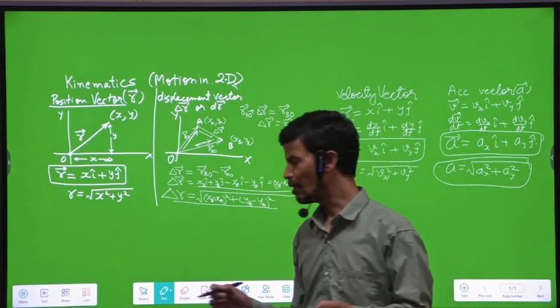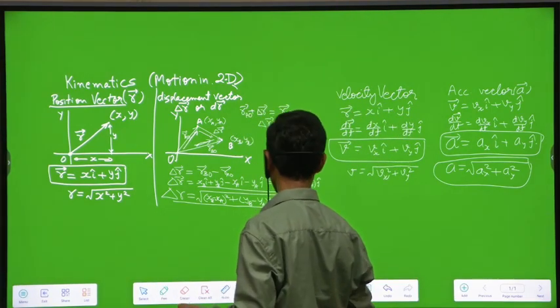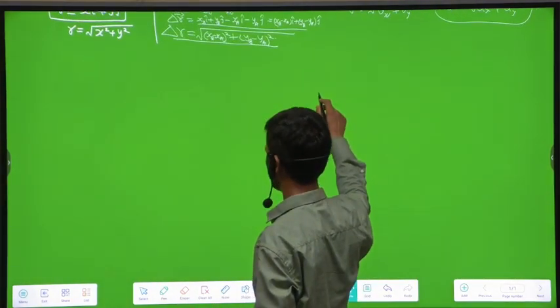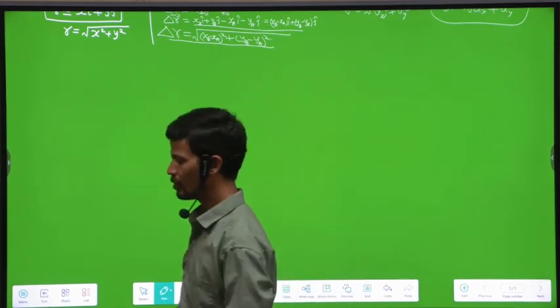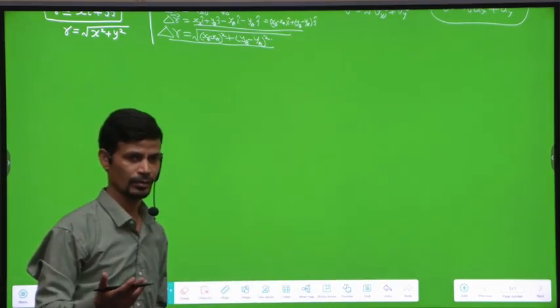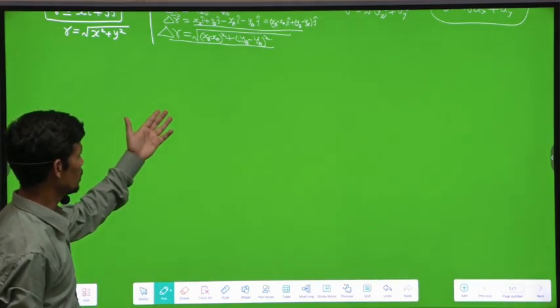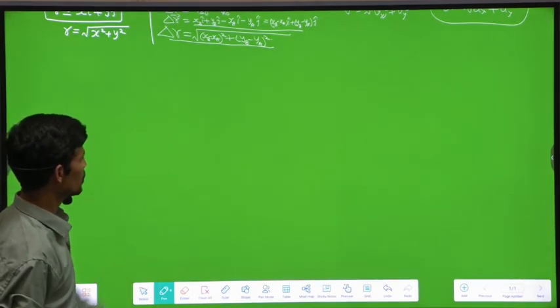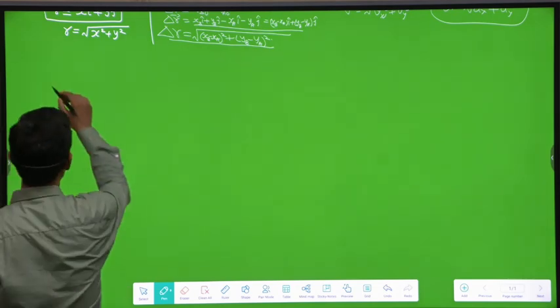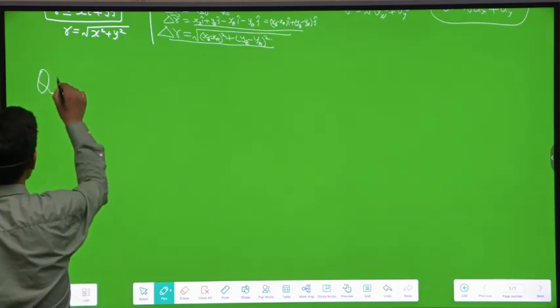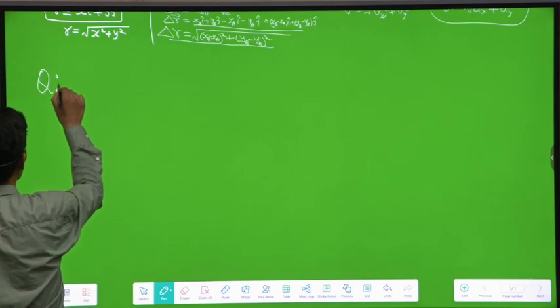So how are we going to proceed? I am giving just a simple example here, and you can find some different problems based upon this concept. But I hope this example will help you a lot.